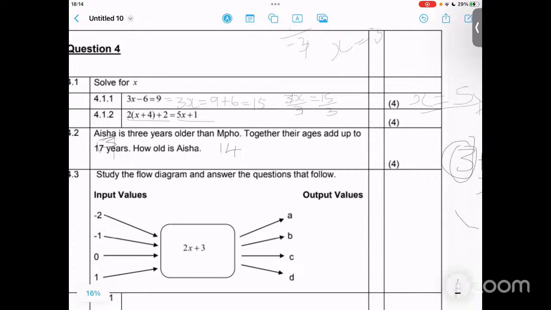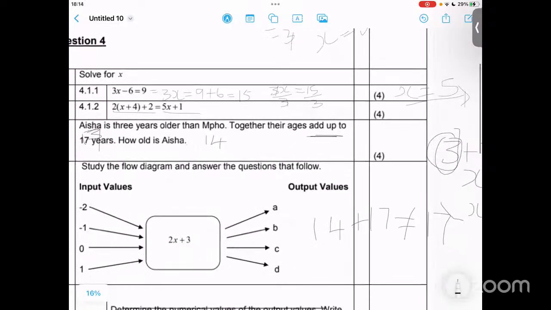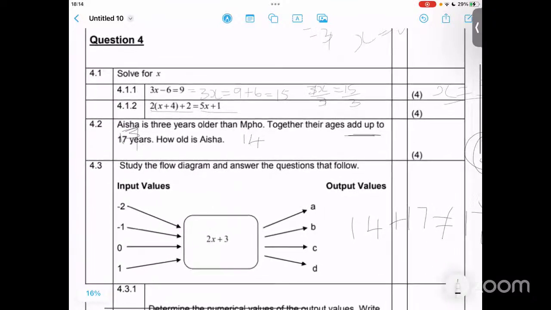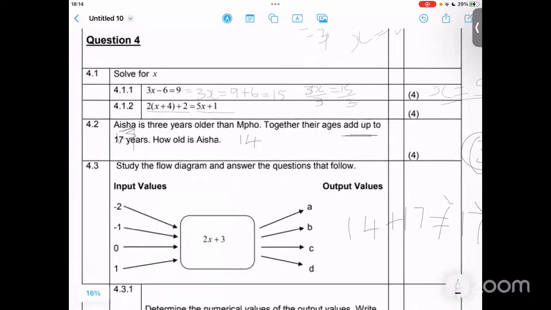But they're saying their ages add up to, that means when you add them together. So when you add them together, 14 plus 17 is not equal to 17, right? Don't you have another way that you can try it?